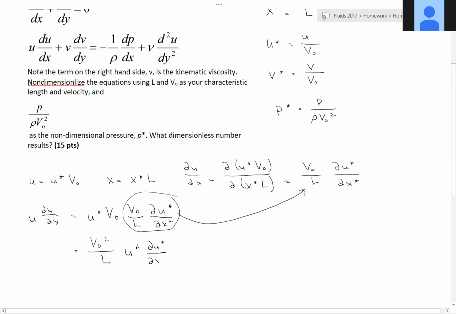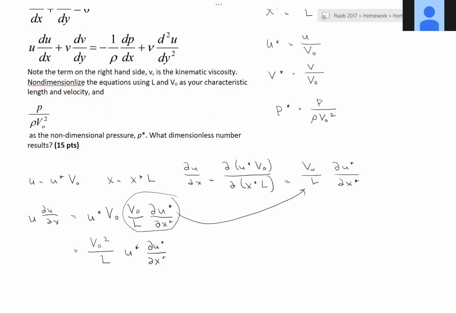Okay, so why do we do this? All right, and you'll see it from this. If you remember, when we non-dimensionalized everything, we ended up with some terms that had a dimensionless parameter. And this is going to be one of them: you're going to have as one of your dimensionless parameters one over the Reynolds number.